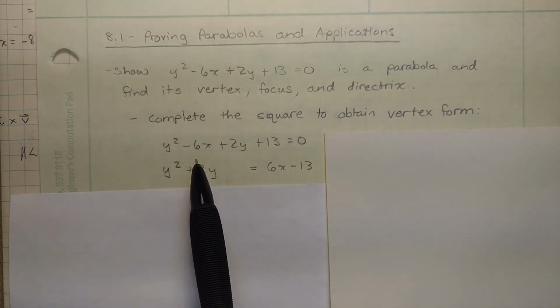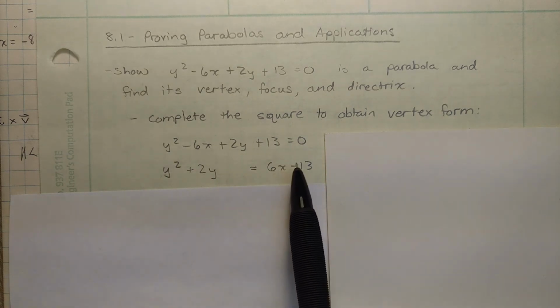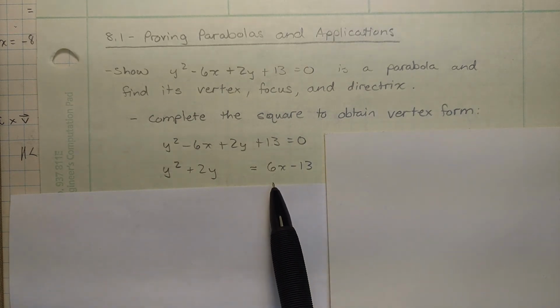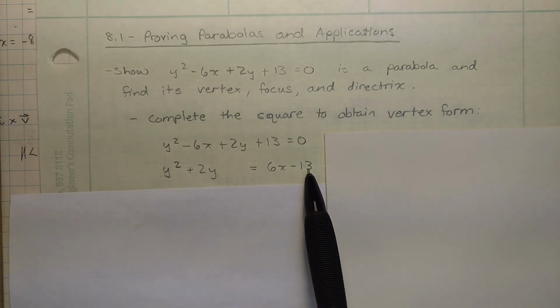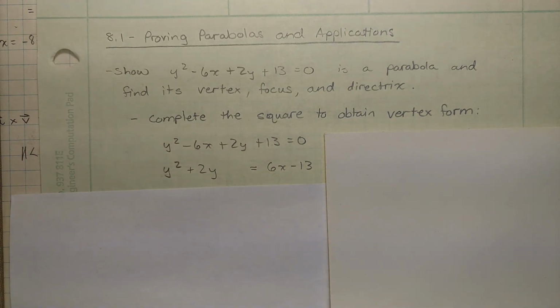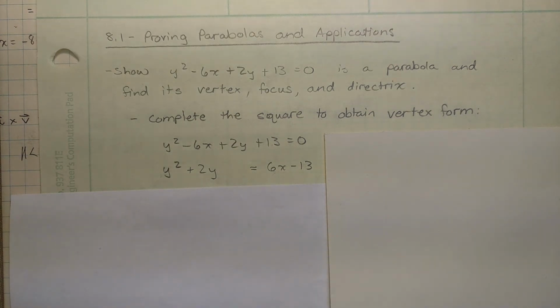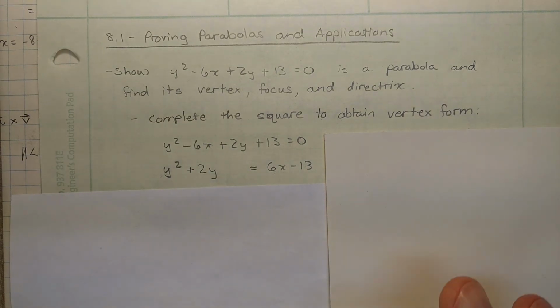The x is the non-squared variable, so it's going to go on the right side of the equal sign along with the constant. So I change this to 6x minus 13, and I leave this y squared plus 2. All I did is rewrite the problem, and I left a gap here so I could complete the square and move things to different locations.